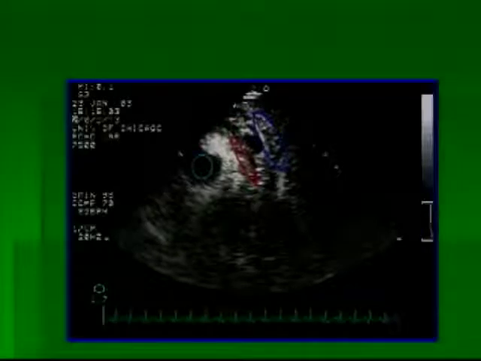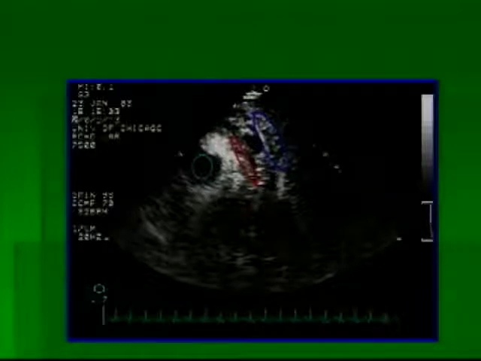Now, with some of the new echocardiographic techniques, we can actually perform some quantitative analysis using video intensity detection software to actually look at the relative video intensity and therefore the perfusion of the different structures.